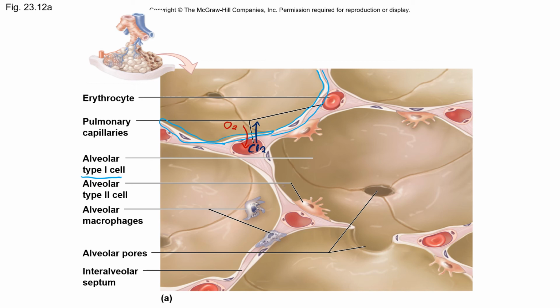But there's also an alveolar type 2 cell, sometimes known as a dust cell because they initially looked like little bits of dust on the microscope slide. These secrete surfactant.